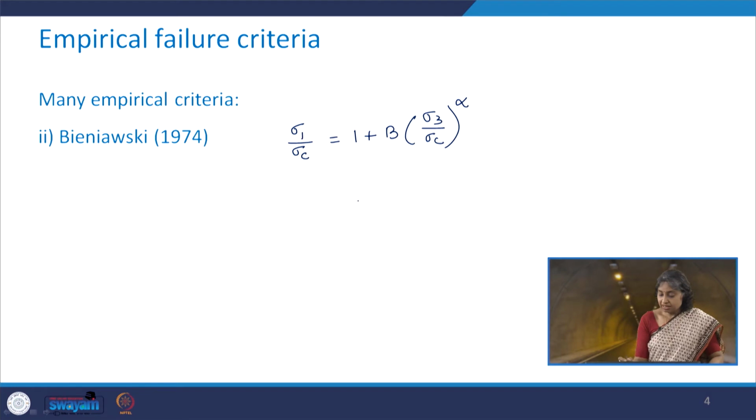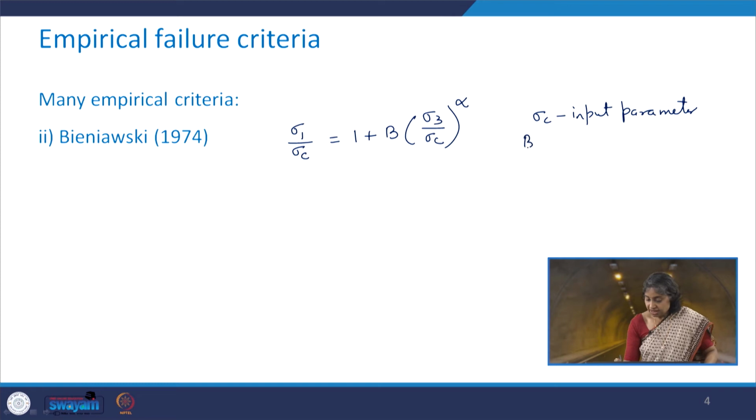Again here, sigma c is the input parameter, and b and alpha are the parameters for the criterion.